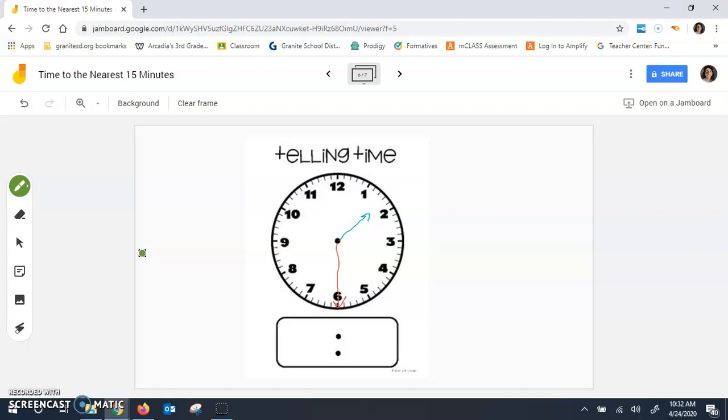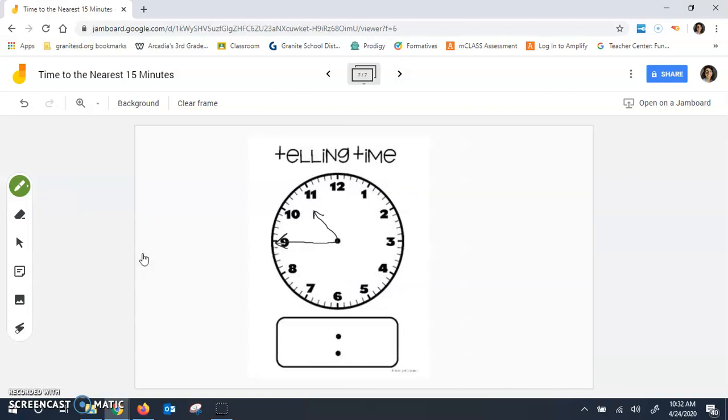If I'm in between numbers, I'm always going to go with the smaller one. 1 o'clock is my hour. And then counting by 5s. 5, 10, 15. We learned that the 3 was 15. 15, 20, 25, 30. If my minute hand's at the 6, my minute is 30. So I'm at 1:30. That's the time written there.